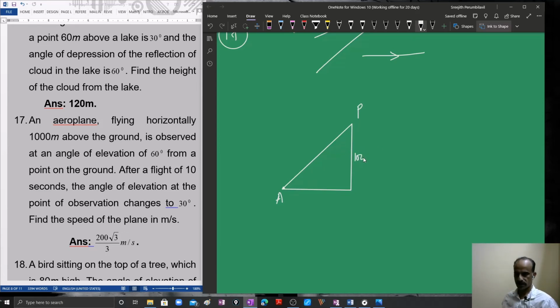We'll take this as B. The angle of elevation is found to be 60 degree, given in the question. After a flight of 10 seconds, the angle of elevation changes to 30. So larger to smaller, so the flight is going away. Let it be Q. The angle of elevation is 30 degree. So we'll put it up. This is 30 degree.